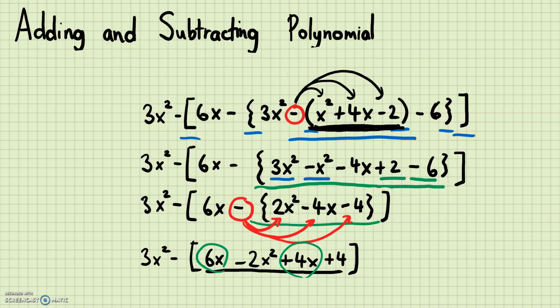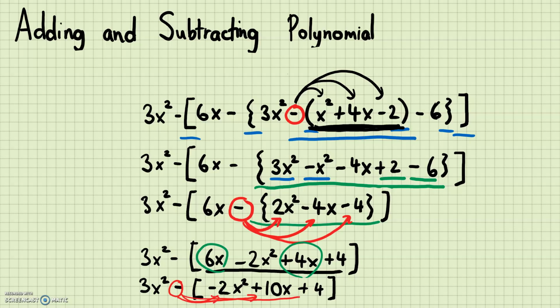So we have inside here negative 2x squared plus 6x plus 4x, which is 10x plus 4. Okay, and then we have 3x squared minus this in the front. So we've simplified everything inside the parentheses here, and then again we need to distribute the negative to each of the terms here.